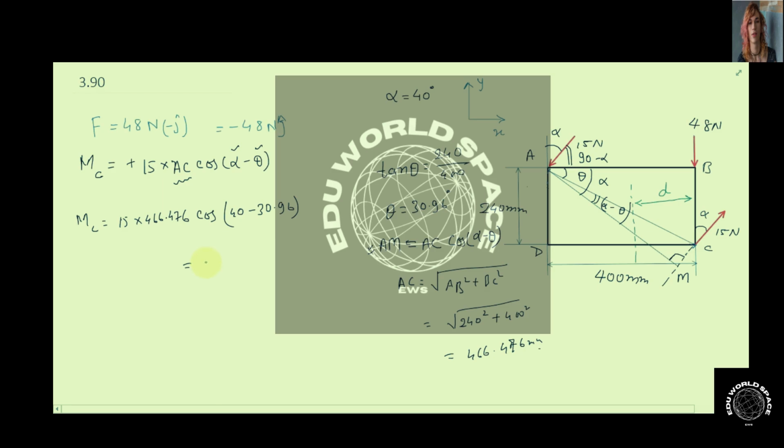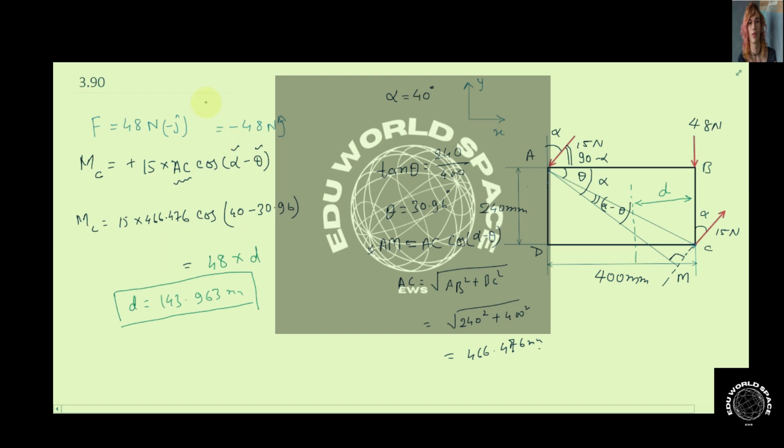So the equivalent force is 48 multiplied by d. We can solve this and equate these moments, and from this equation d comes out to be 143.963 mm. So our line of action in the first part will pass at a distance of 143.963 mm left of point C.